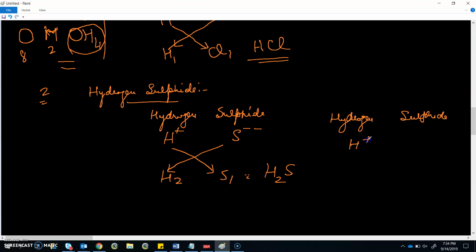H is plus and this is minus. You will see that the sulfide has 2. To make it equal, we have to write 1 hydrogen here. Now 1 plus 1 is 2 and there are 2. So H2 and S is 1. So formula is H2S.